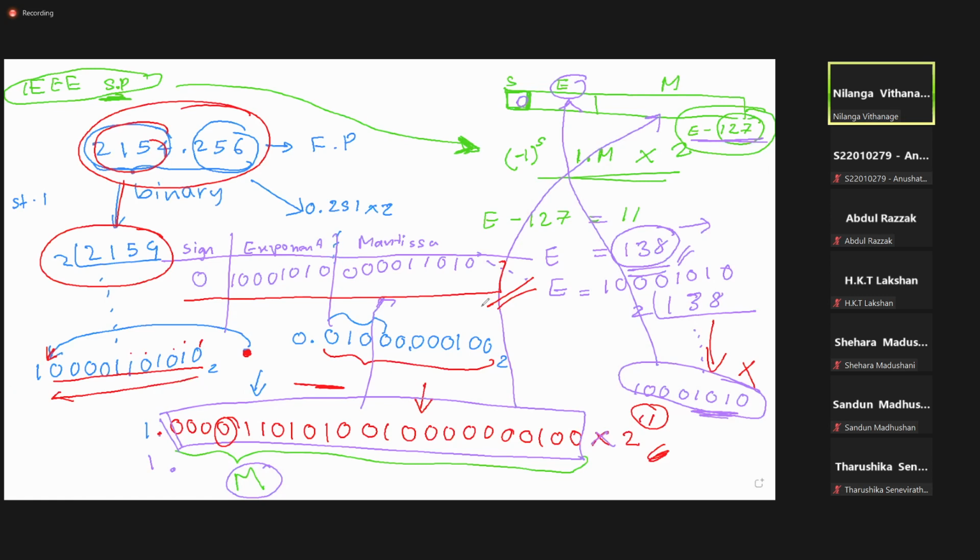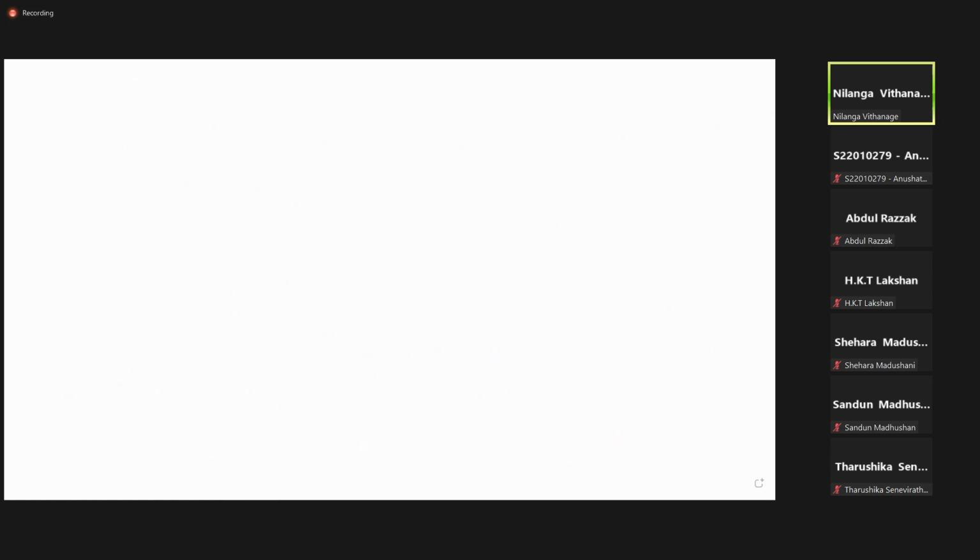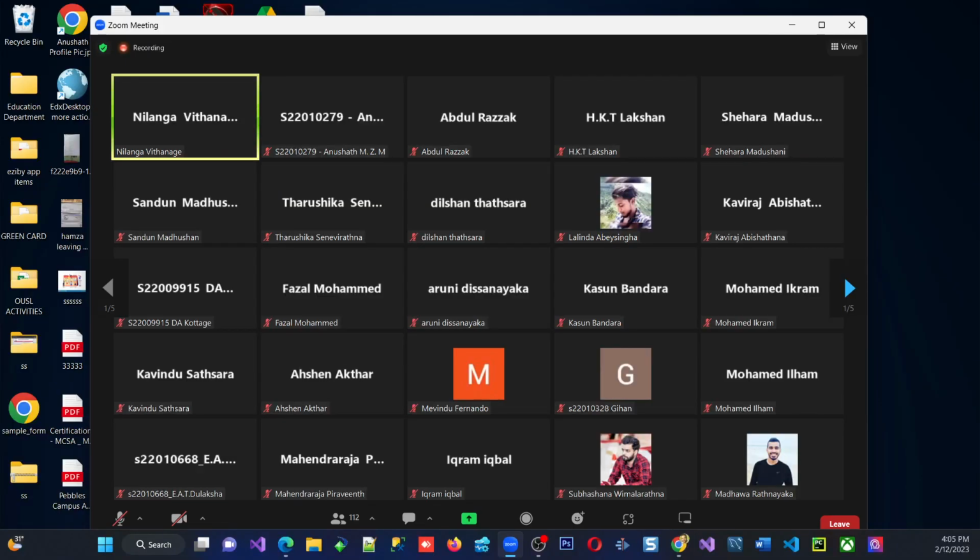Okay, so this one contains lots of marks, so if you memorize all these steps, you can get full marks for that particular part, right? Then in level 5 we will talk more about these numbers and how we use them inside a computer, and especially when it comes to that level, you will understand why we cannot represent a minus value directly, why we have to use a special method to represent minus values, right?